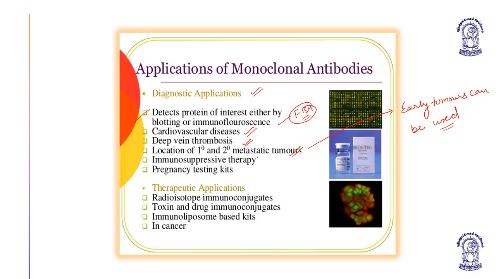Now these monoclonal antibodies, these MABs, are used in immunosuppressive therapies, especially for kidney transplants.